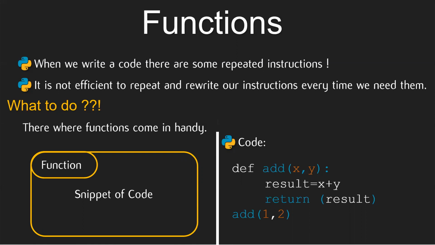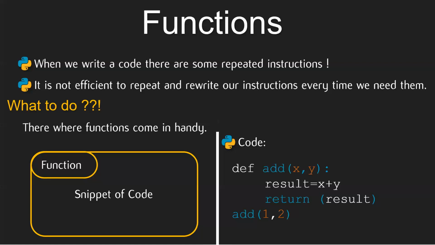And as a programmer, there is a very important rule you have to put in your head. Never ever repeat yourself. If you don't have to rewrite the code, don't rewrite it. Just put it in a function and use it. Professional programmers, good programmers, never repeat themselves.